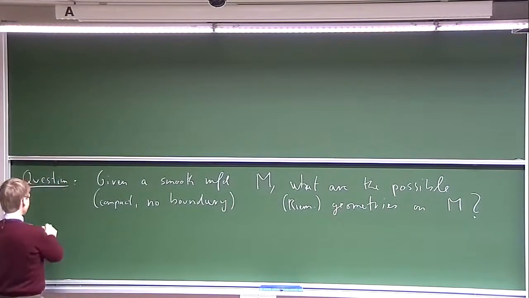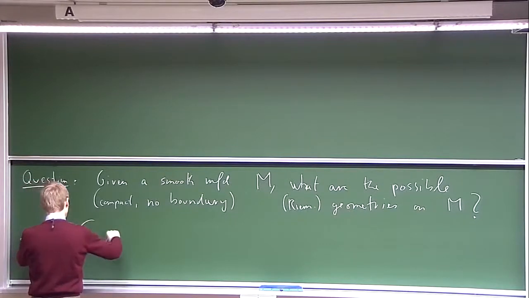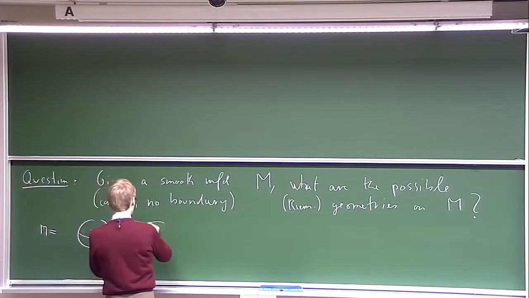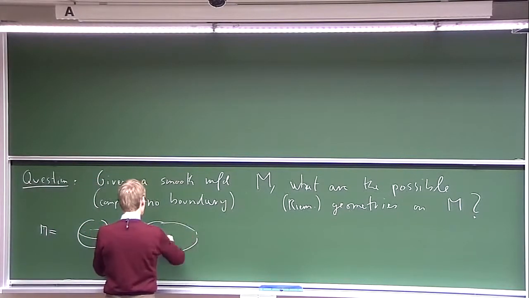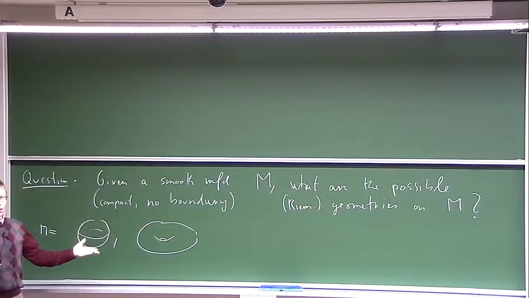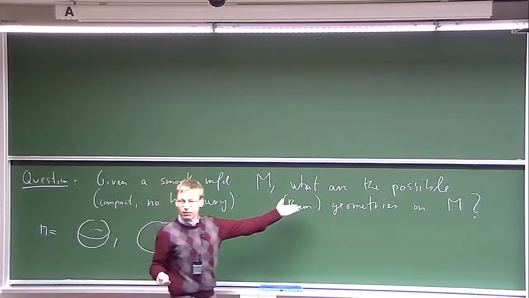Let's draw a picture. M could be, the only manifolds we can really draw are two-dimensional manifolds, like a sphere or like a torus, right? If I draw them like that, I embed them into R3 and they come automatically with an induced Riemannian metric.